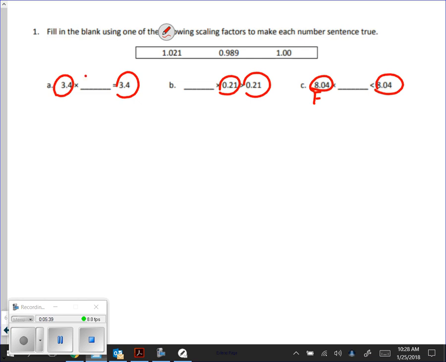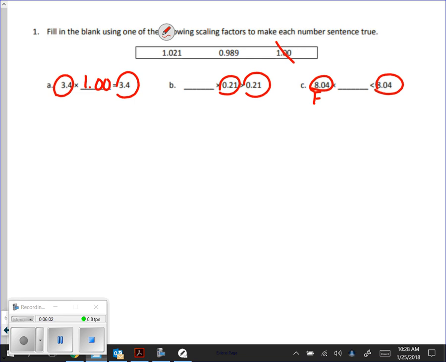So this one, something times 21/100, the product needs to be larger than 21/100. So I'm done with this one.